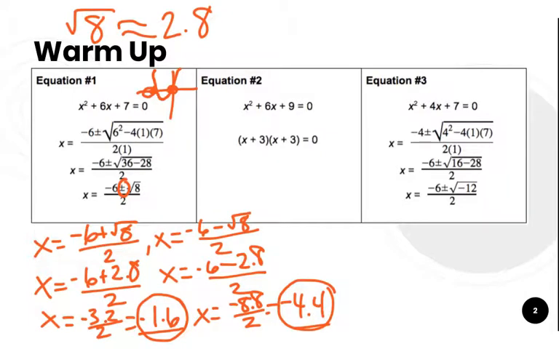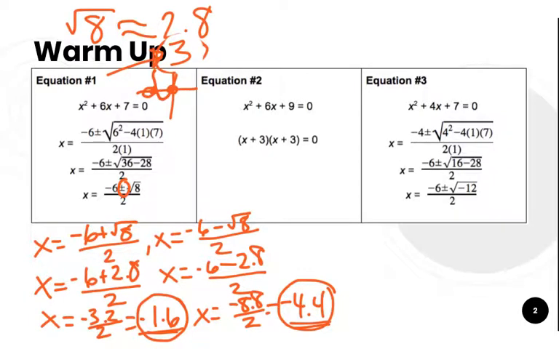My sketch doesn't look that great, but if you look at graph number 3, you will see a little bit more clearly than what I've drawn that the quadratic hits the x-axis at 2 different places, just like we have 2 different roots. Okay, so equation 1 goes with graph number 3.